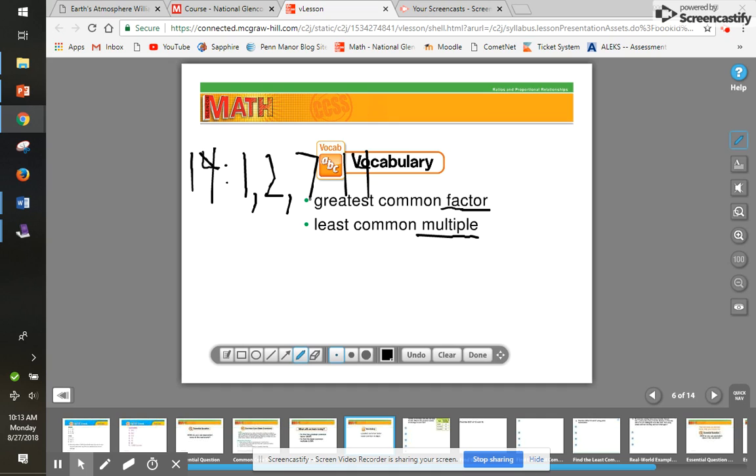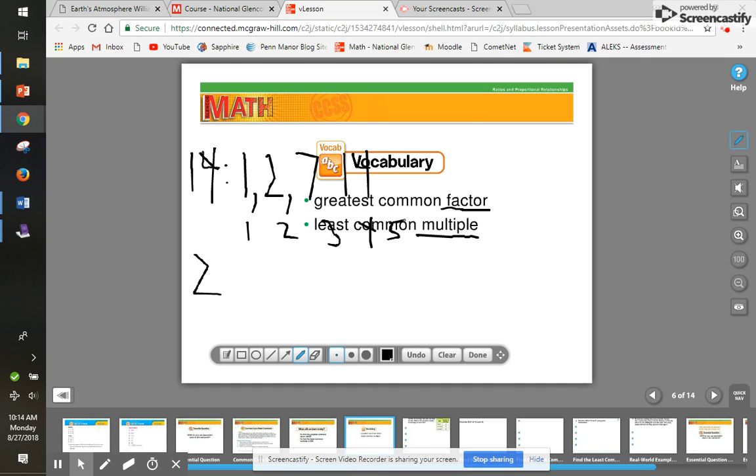Multiples. Now, multiples to me are, and again, we'll come up with a better definition hopefully today, when you take a number, let's just say 2, because that's fairly easy, and say, okay, what are the multiples? We're going to multiply times smaller numbers to come up with what the multiples are. I think last year, one of my 6th grade students said, oh, that reminds me of counting by 2s or counting by 3s.